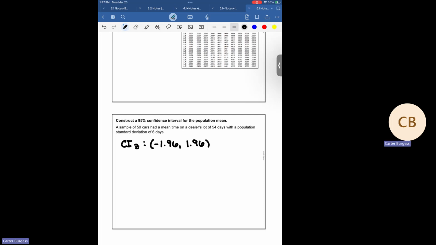All right, so let's go through and figure out our various values here. What is our mean going to be? Or rather, not our population mean, because that's what we're trying to estimate, but our sample mean. 54. In order to find the sample standard deviation, what do I need to do?